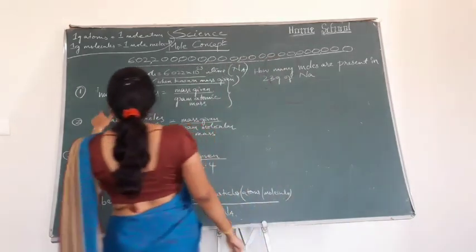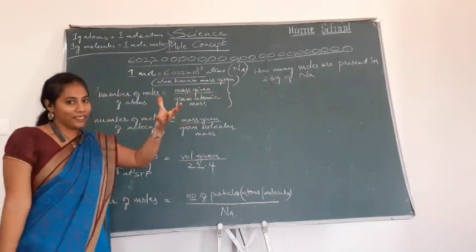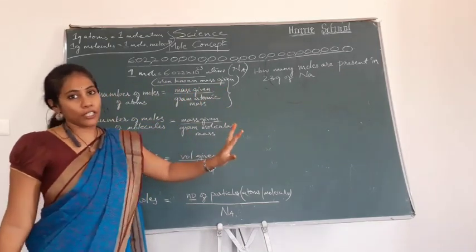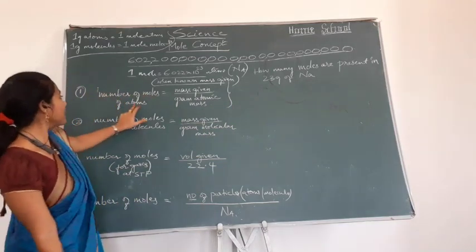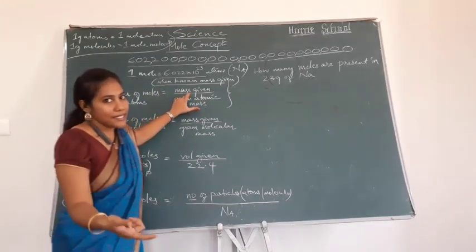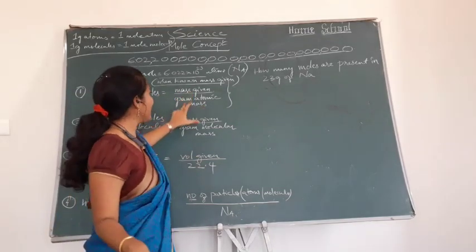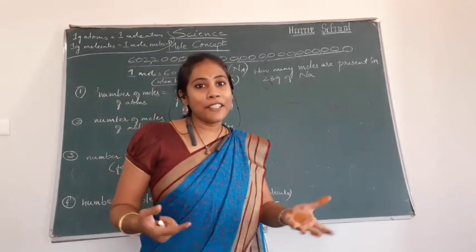Formula number 1: when a known mass is given for an element or molecule, how do you calculate the number of moles? Number of moles of atoms is equal to mass given, divided by gram atomic mass.